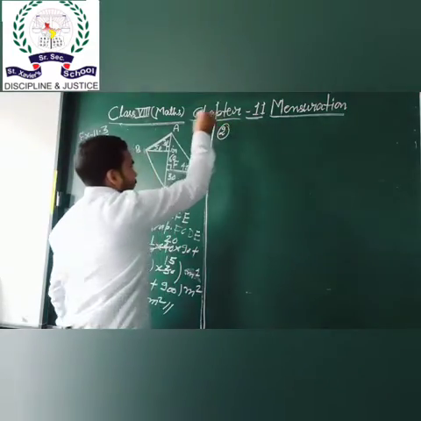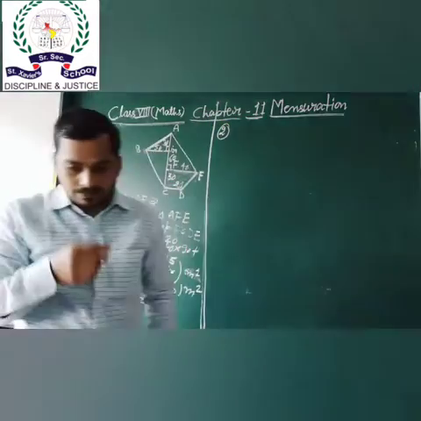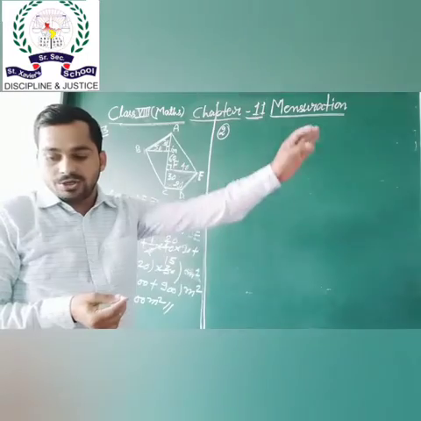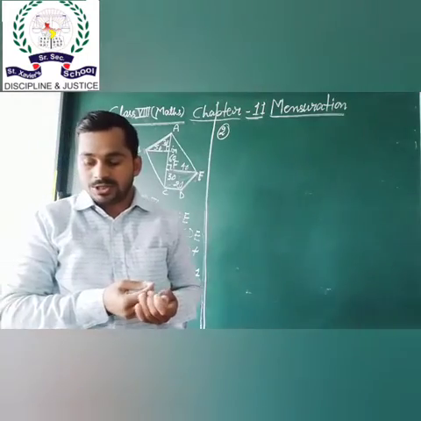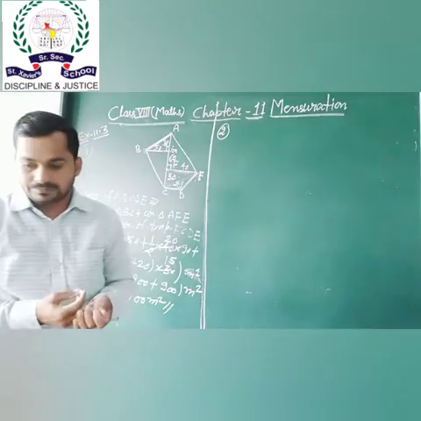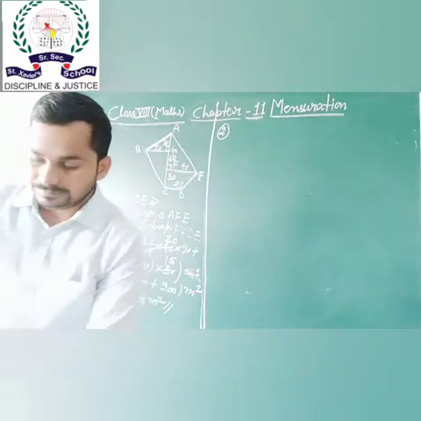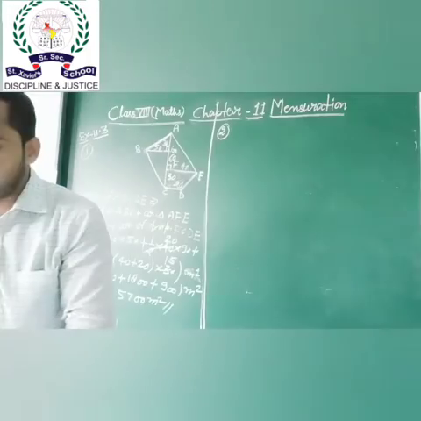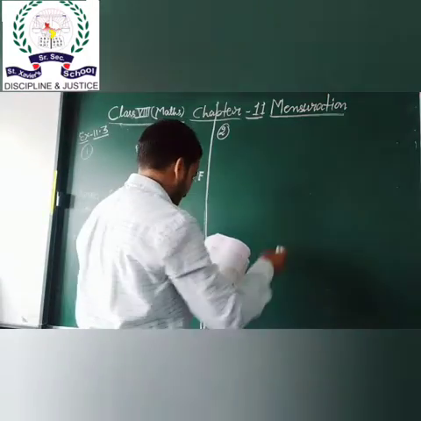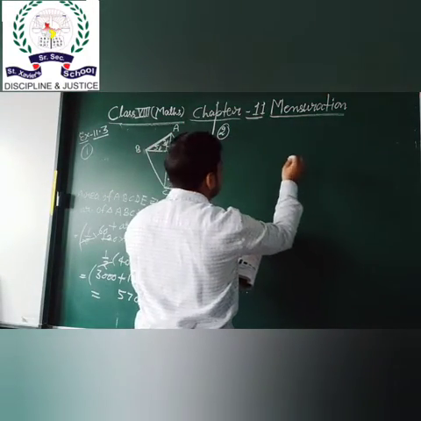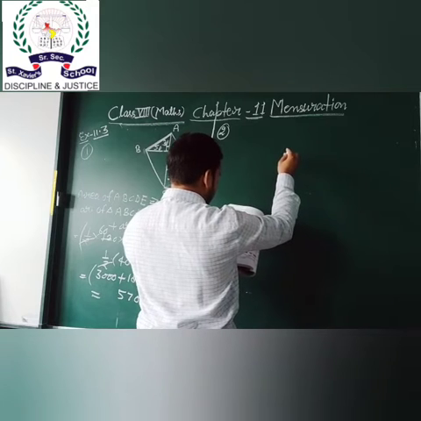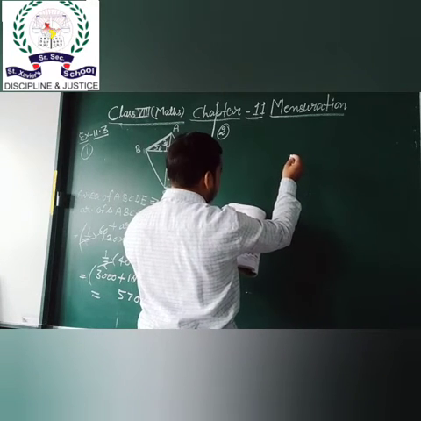Now question number 2. Again a polygon is given, ABCDEFGHIJ. Find the area of the given polygon. The length of the sides are given. AIFD is a square.